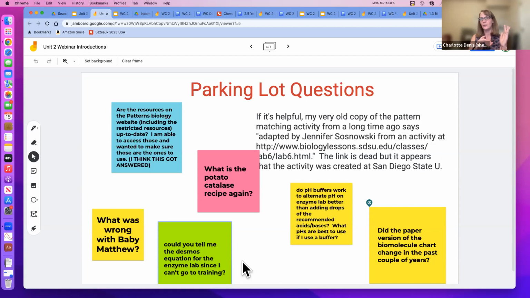So maybe you do 2, 4, 5, 6, 7, and 10. Or maybe you do 2, 4, 6, 7, 8, and 10 if you have access to those buffers. Yeah, that's a great idea, because you can purchase those pellets that make those.